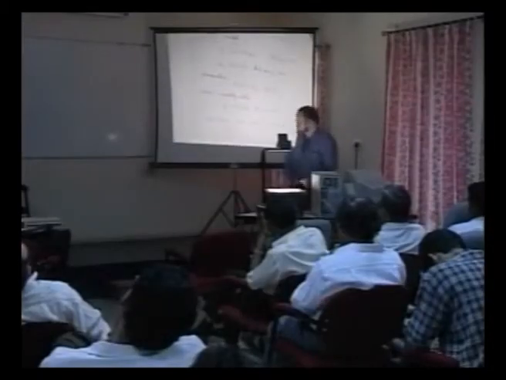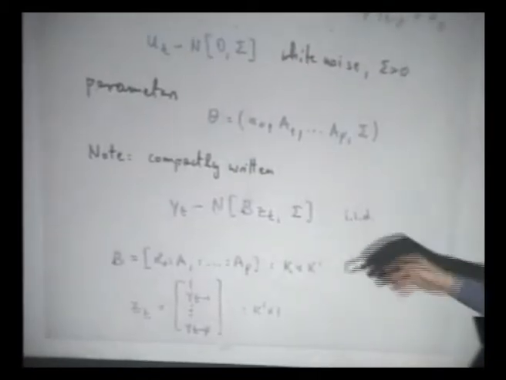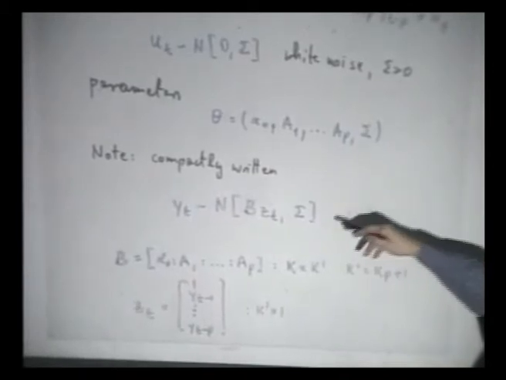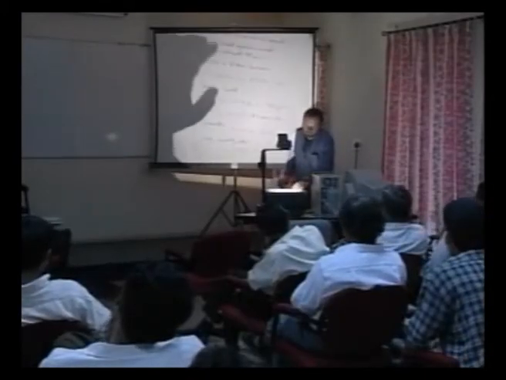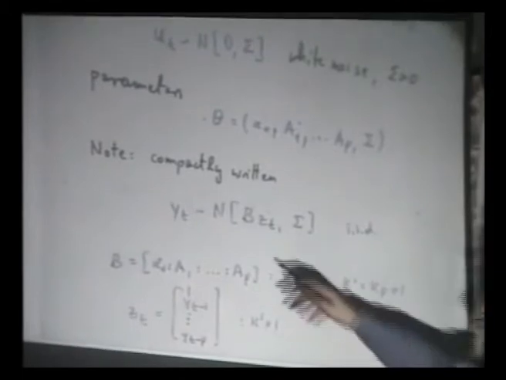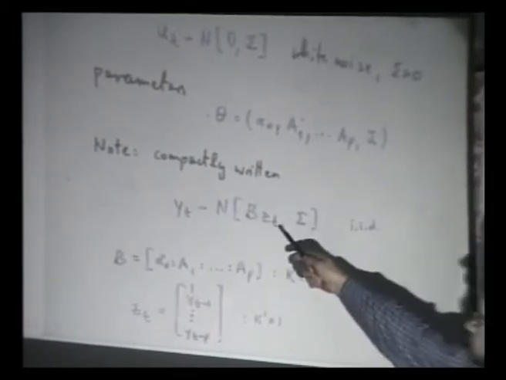And what you can show here is that you can write this model as a multivariate regression model. If that's too quick for you, a good textbook is Lütkepohl, 1993, Multivariate Time Series, which explains that. So you can write yt as multivariate normal with coefficient matrix B and vector ct.